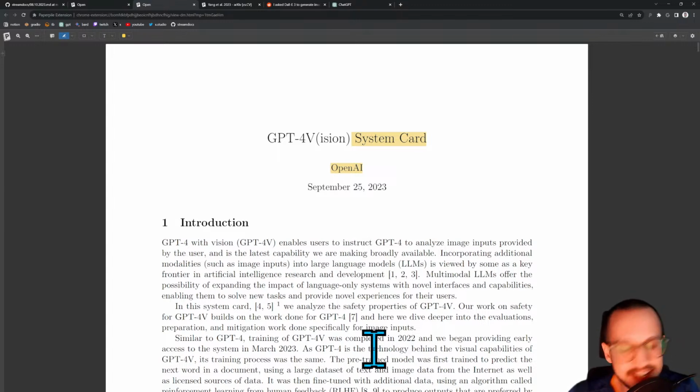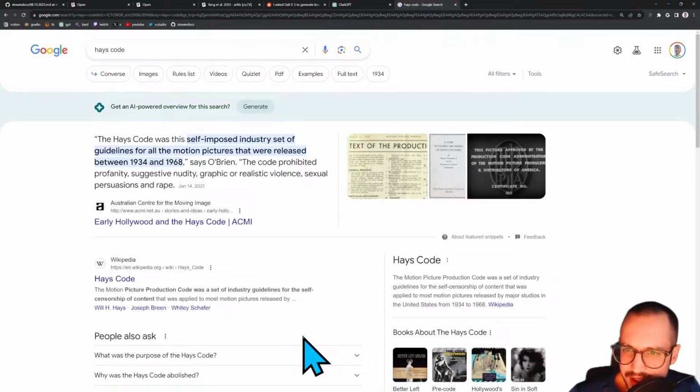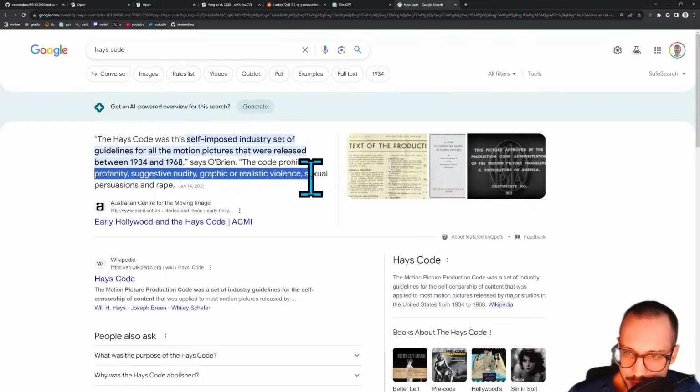Hays code for AI. What is Hays code? A self-imposed industry set of guidelines for all the motion pictures, prohibited profanity, suggestive nudity, graphic or realistic violence, sexual persuasions, and rape. Interesting.